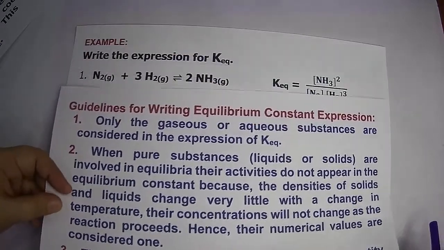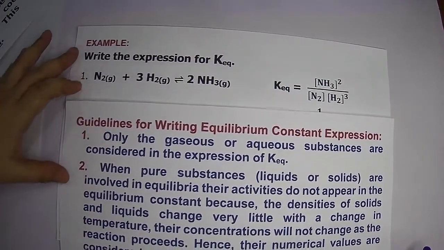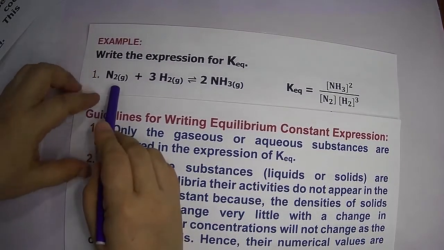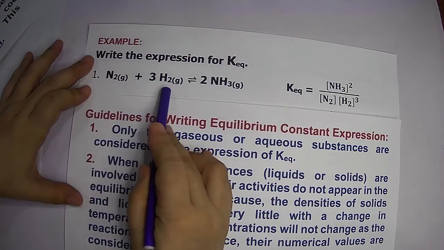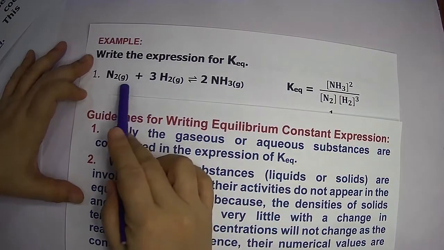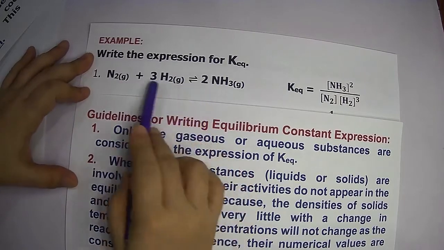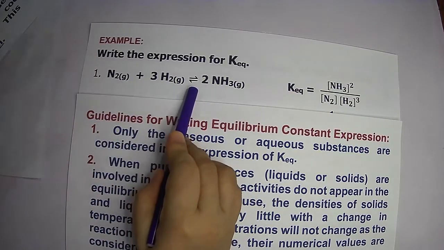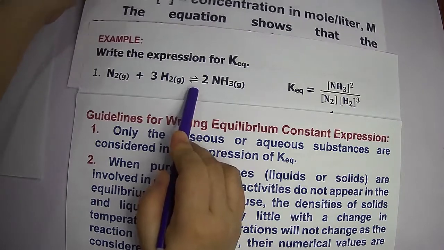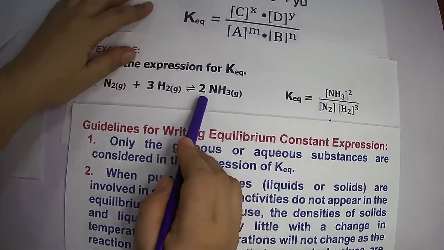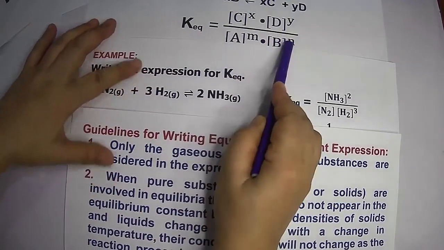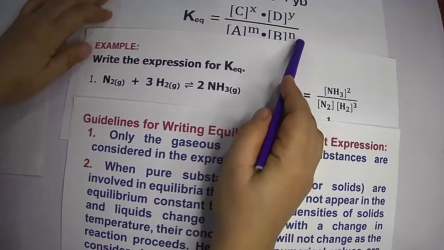Okay, let us have an example in writing the expression for Keq. Say, in the reaction of nitrogen and hydrogen forming ammonia, we check if the equation is balanced to follow the formula in writing the Keq, where you have the product over the reactant in the denominator.